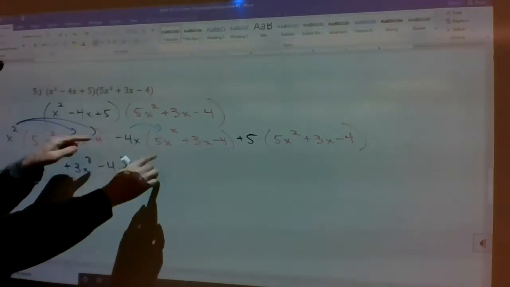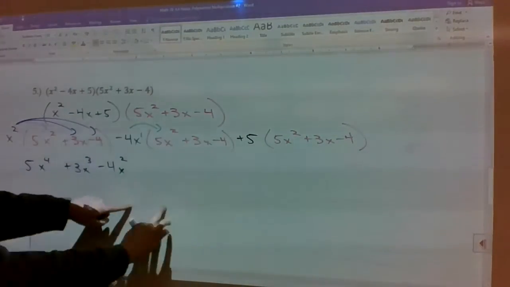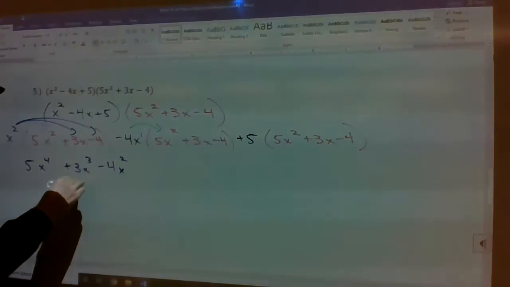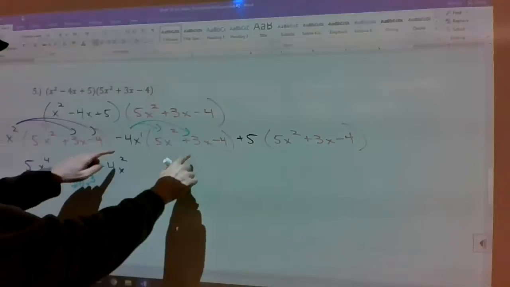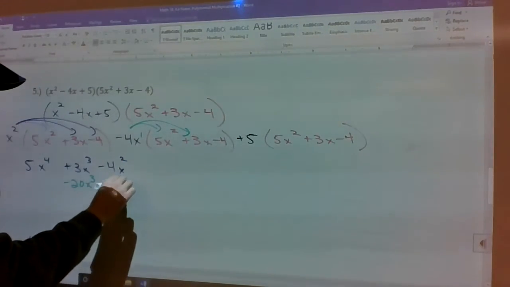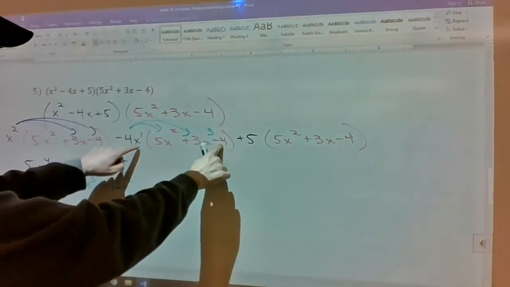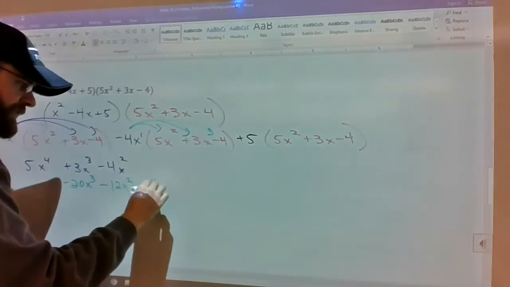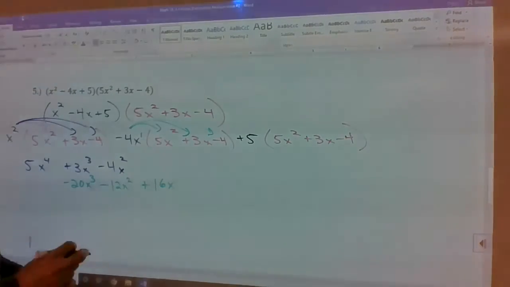This will be negative 20x to the third power. So it's going to go under here. Negative 12x squared. And then positive 16x. So there's nobody to stack this guy under, so he creates a new column.